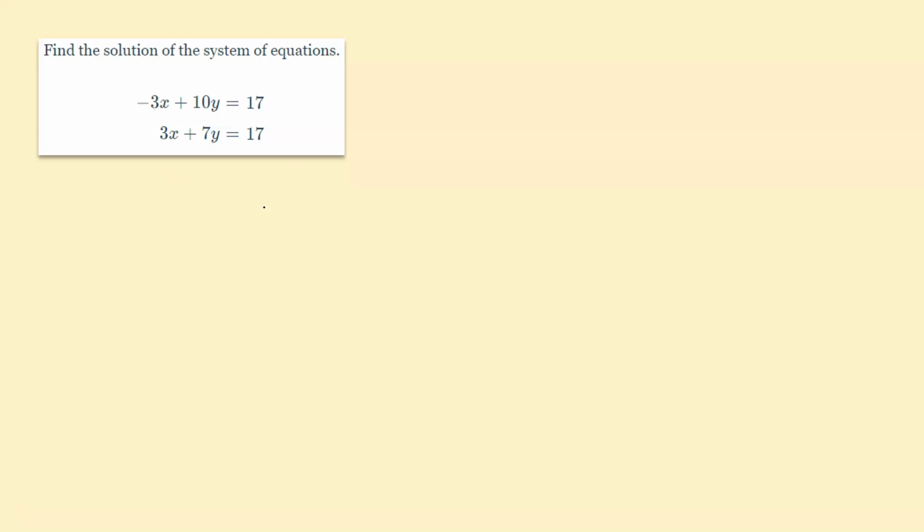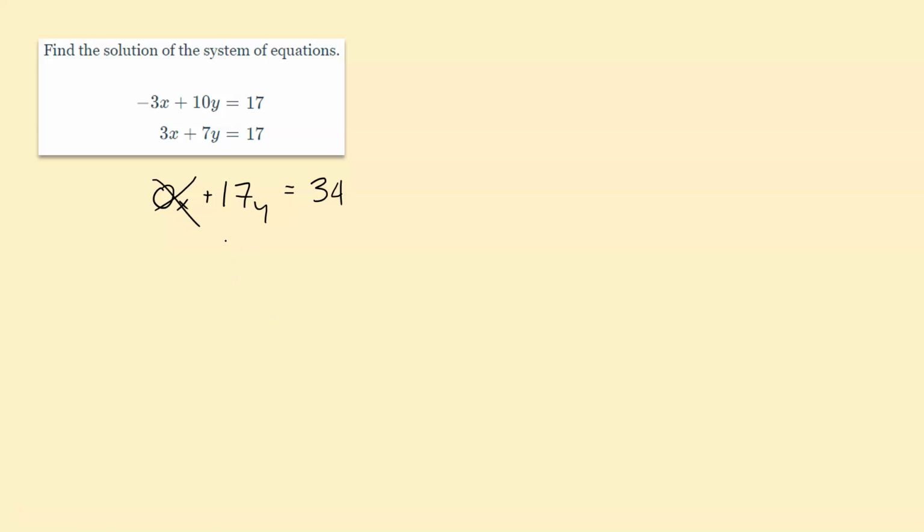So when I combine these, negative 3x plus 3x, we get 0x. And then 10y plus 7y, you get 17y. 17 plus 17 would be 34. So the x term is eliminated.